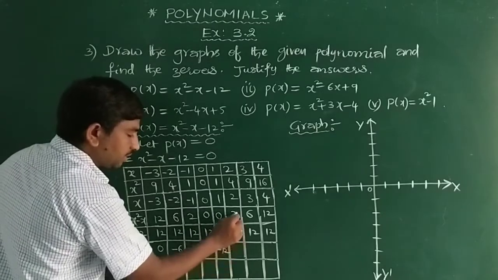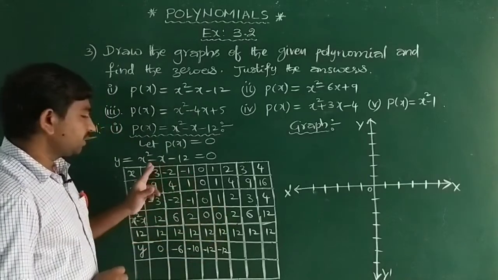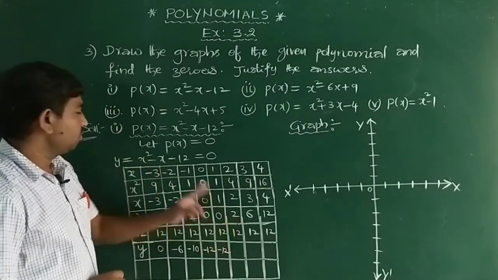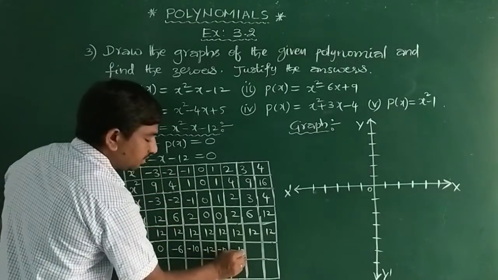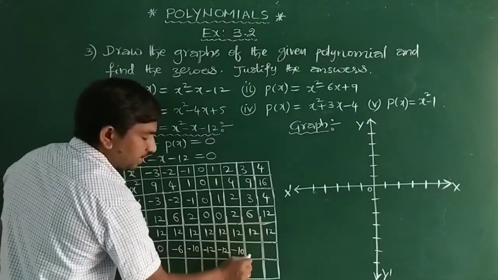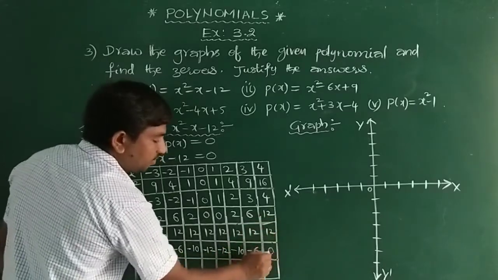Next, 2 minus 12 is minus 10, 6 minus 12 is minus 6, and 12 minus 12 is 0.